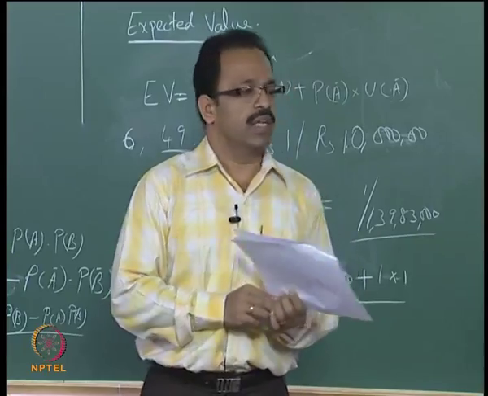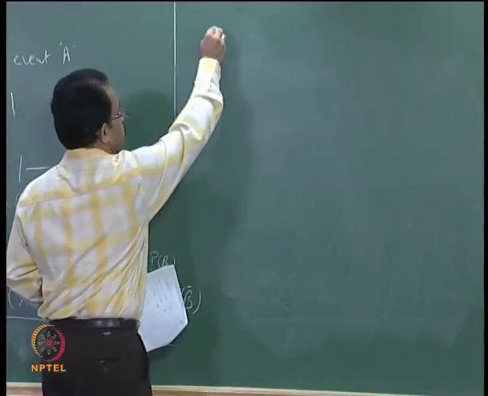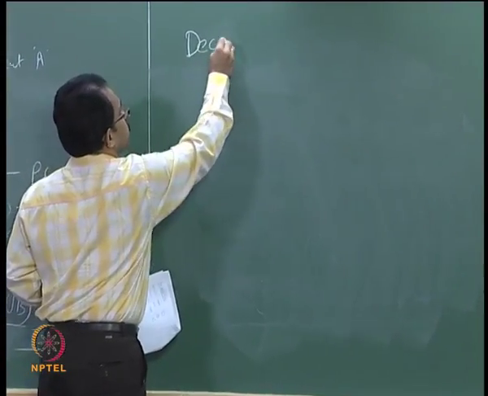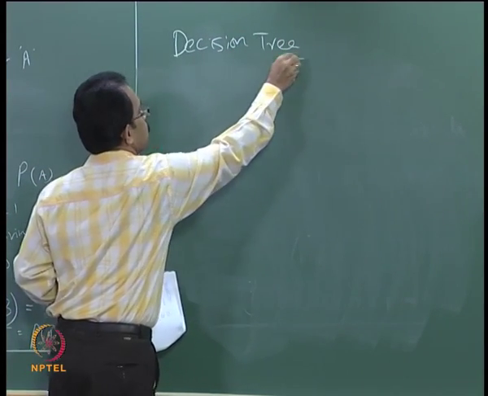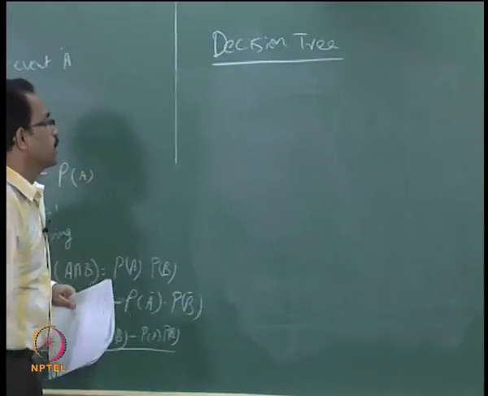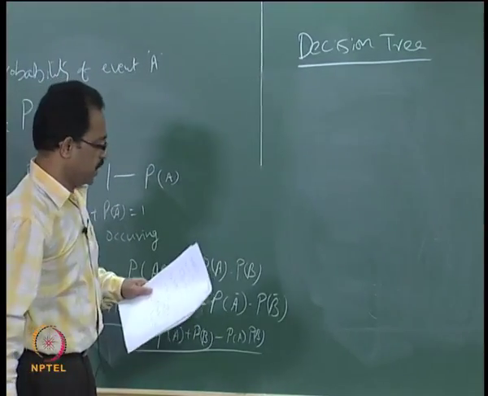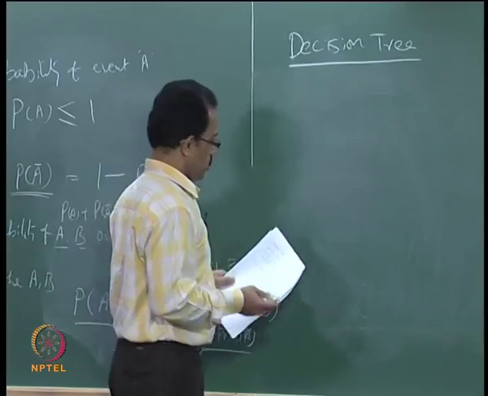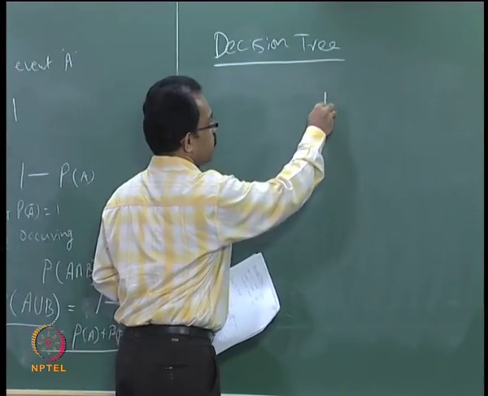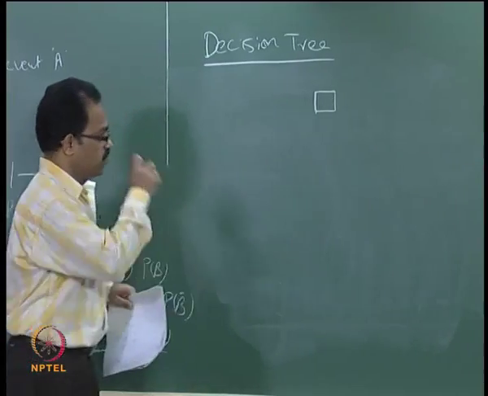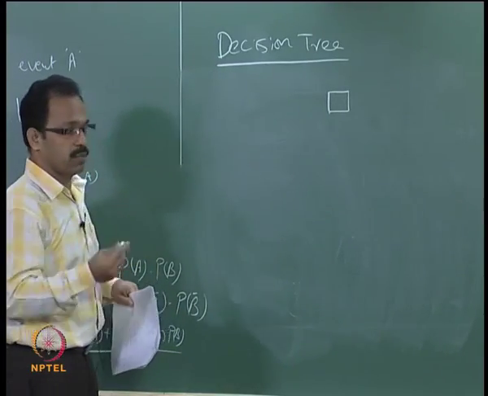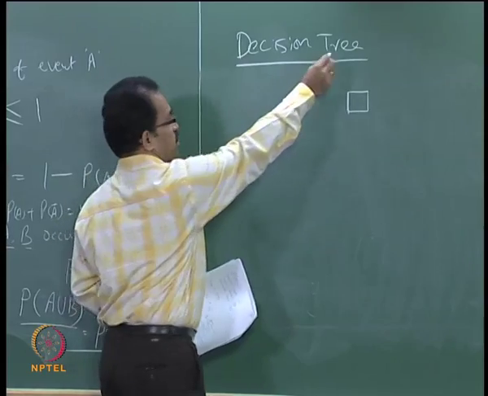In decision making, let us discuss the decision tree first. In a decision tree, we use 3 kinds of nodes. Basically it is a diagrammatic representation of the decision process, which is why it is known as a decision tree.